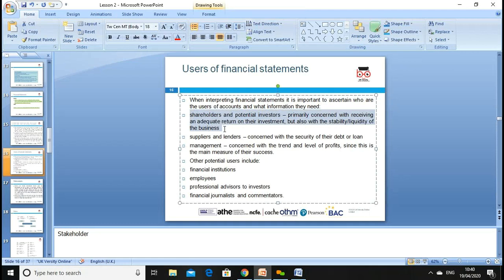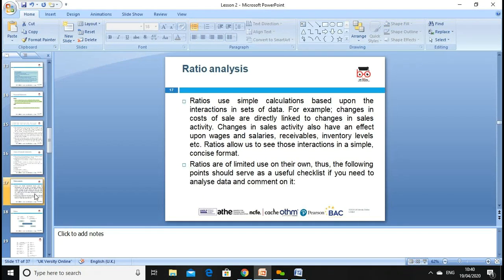Shareholders and potential investors are interested in stability and liquidity. Suppliers and lenders are concerned with the security of their debt, so they look at the profit and the main success potential. Other users include various other stakeholders.